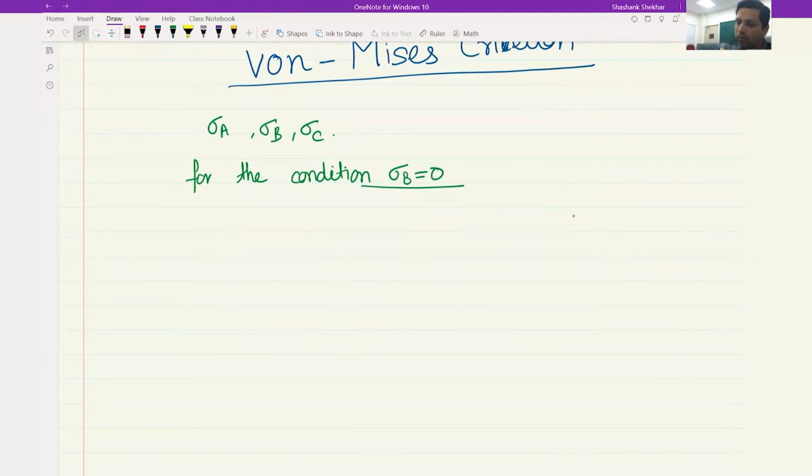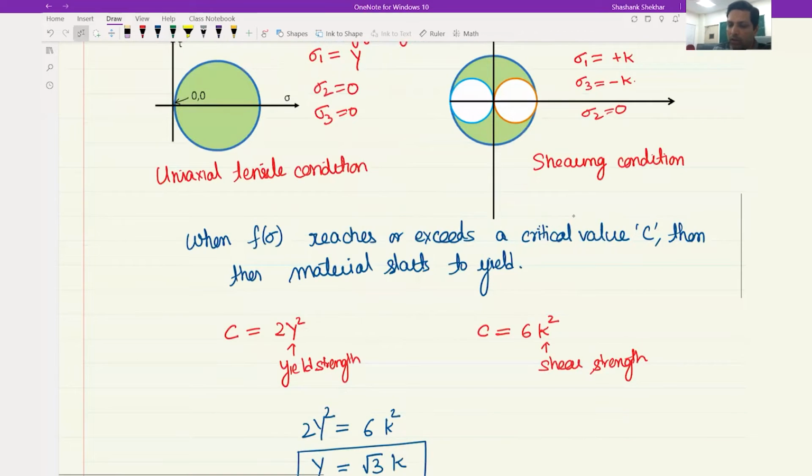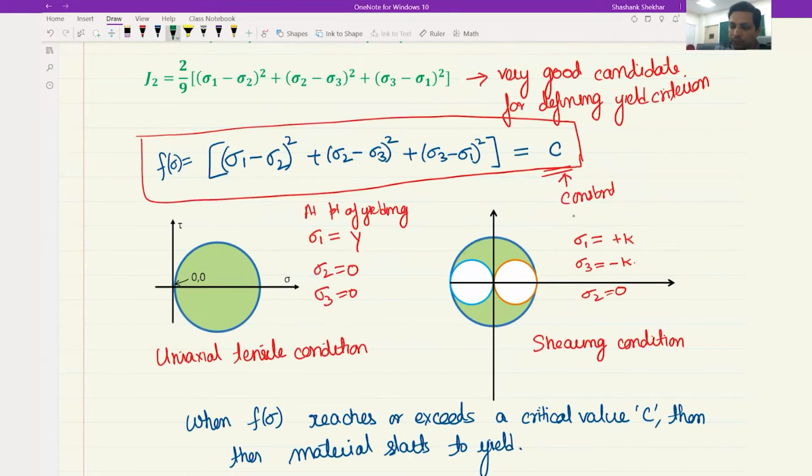So all you have to do is, in the sigma equation that we have over here in terms of sigma 1, 2, 3, you can see it is symmetric with respect to sigma 1, 2, 3, as long as it is in this form of the equation.